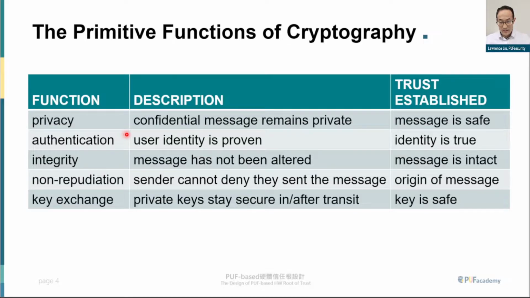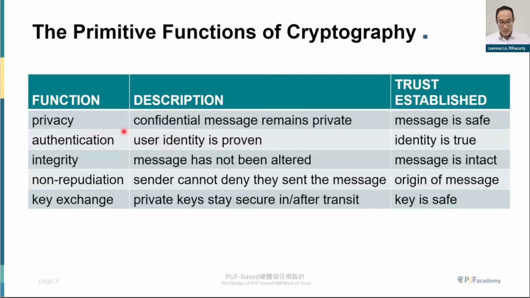Privacy establishes that a confidential message remains private, and that establishes the trust that the message is safe. It hasn't been stolen or eavesdropped upon. The function of authentication establishes the trust that the user is who they say they are and that their identity is true. Authentication is another way of proving that a user's identity is correct.